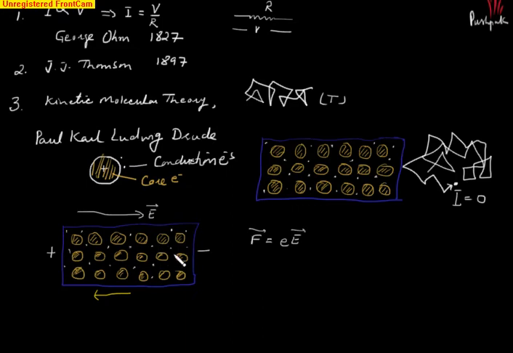But the motion of the electrons cannot be in a straight line because of these positive charges embedded in the body of matter. Therefore, when an electron tends to move against the electric field, each electron collides with the cores which come under its way.